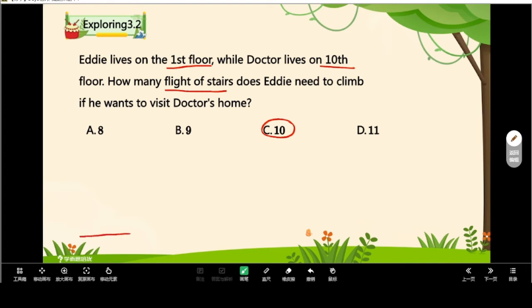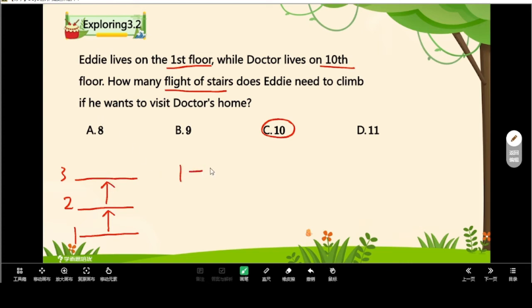Let's draw a diagram here. This is first floor and second floor, third floor. So let's check if Eddie goes from the first floor to the second floor. How many flights of stairs? 1 flight. And from the second floor to the third floor, 2 flights of stairs. So we can write it down here.